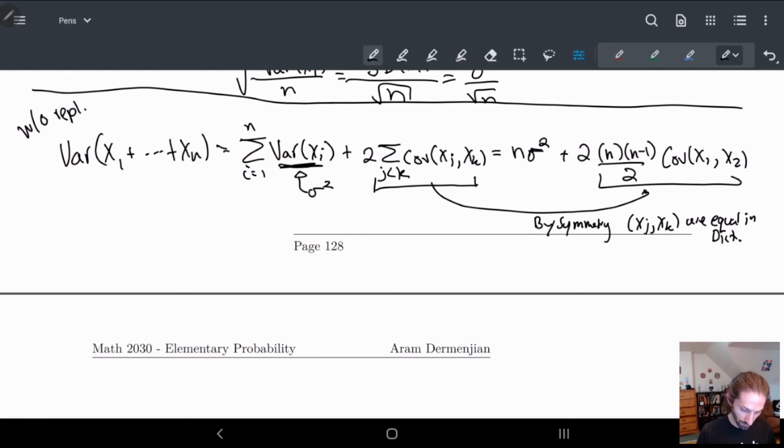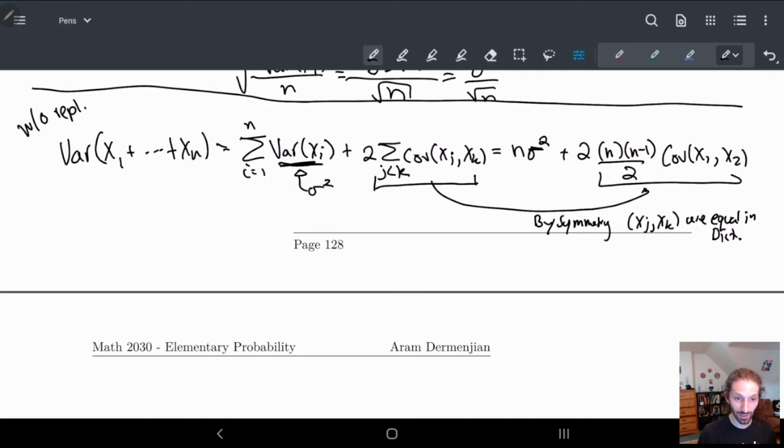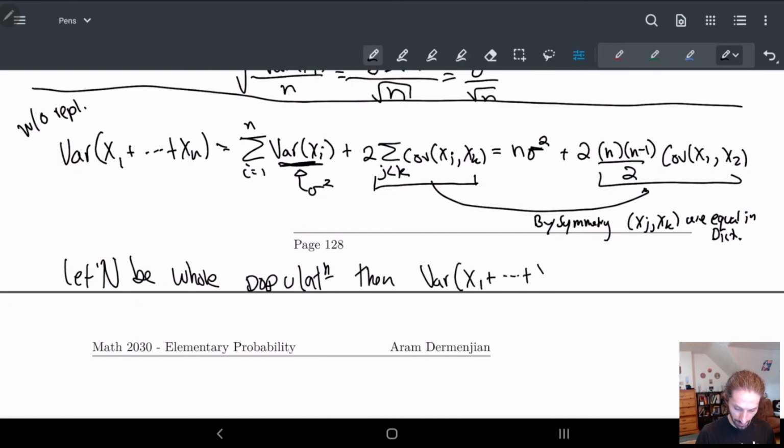So what we have is, if we let capital N be the whole population, then the variance of x1 all the way up to xN is equal to 0.